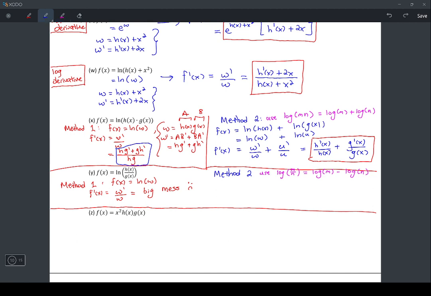Okay, so if we do this first, then f of x becomes ln of h of x minus ln of g of x, which is ln of w minus ln of u. It's just like what we have up above. Now when we take the derivative, w prime over w minus u prime over u, so that's just h prime of x over h minus g prime over g.